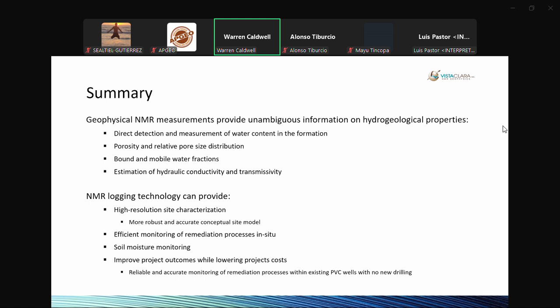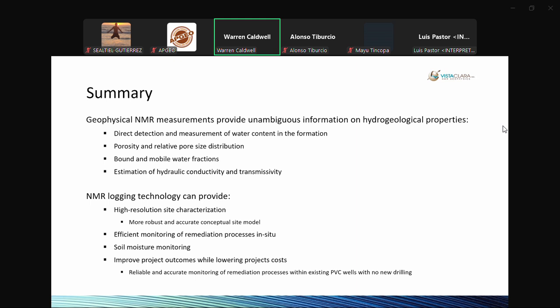With other geophysical methods, including resistivity, the physical measurement that you're making is usually not of direct interest in itself.